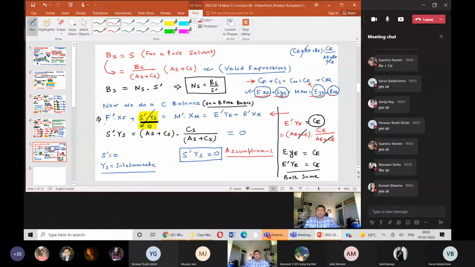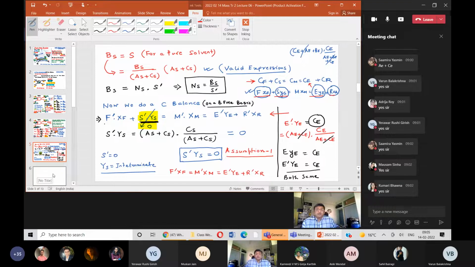So your equation now reduces to f dash xf is equal to m dash xm is equal to e dash ye plus r dash xr, right?